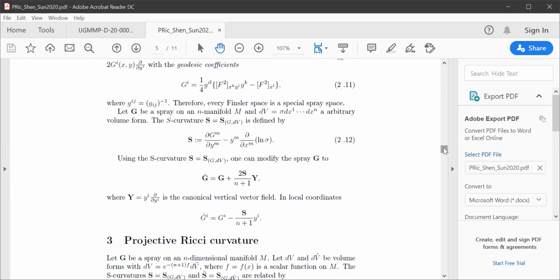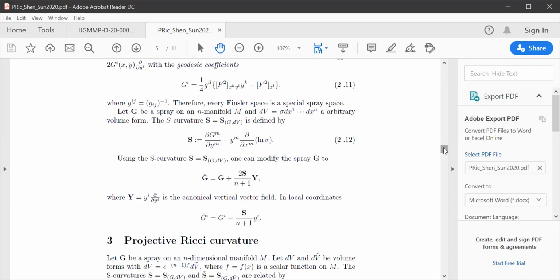That spray is very important. It's projective invariant. If you keep the volume fixed and change the spray, you do not change the modified spray. That means if G1, G2 are projectively related, and they give you S1, S2 curvatures, as long as the volume is fixed, then the corresponding G hat will be the same one.